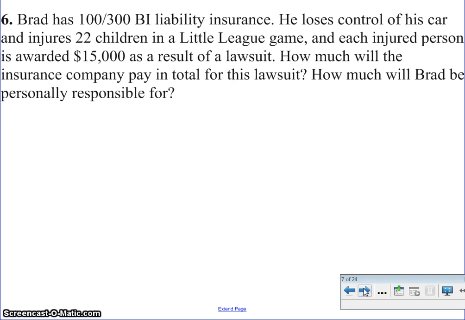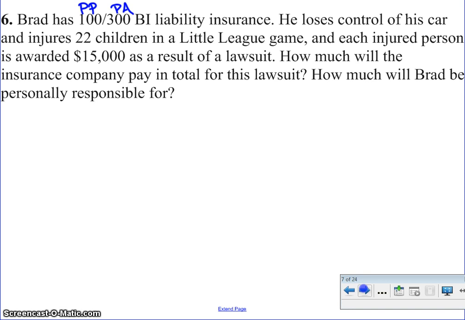Number 6, Brad has 100, 300 liability. So remember that the first one is per person, the second one is per accident. So Brad is covered up to $100,000 per person for a total of $300,000 on the bodily injury.